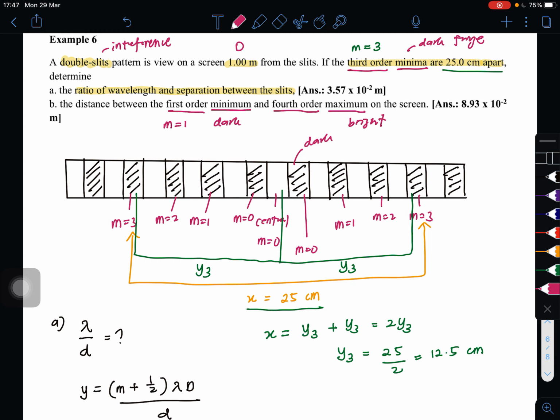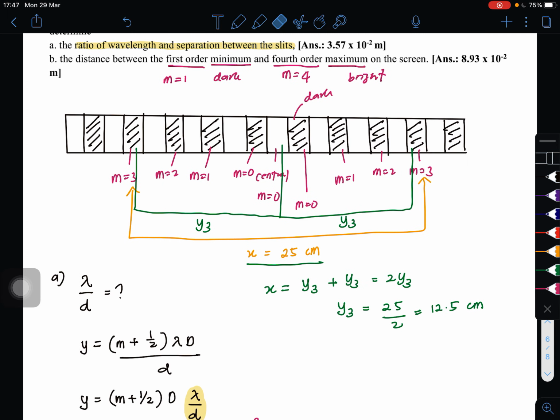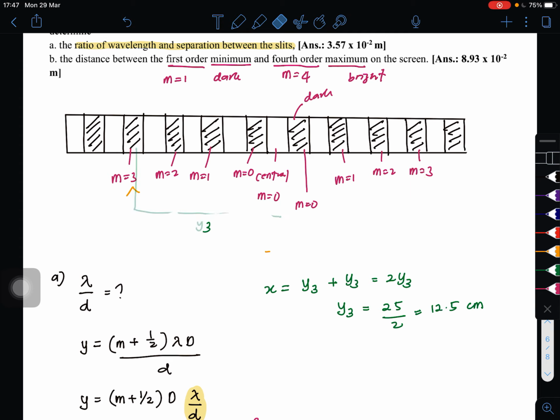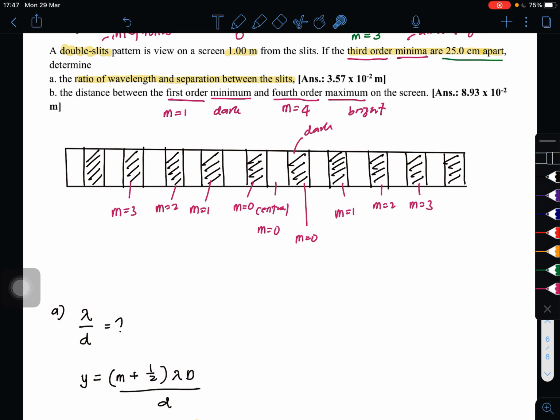So fourth order M sama dengan 4. Okay, apa maksud dia dekat sini? So let me padam this one first. Okay, kita tengok yang first dahulu. Dark M sama dengan 1, which is mana 1? Dark M sama dengan 1, this one. And then bright M sama dengan 4.